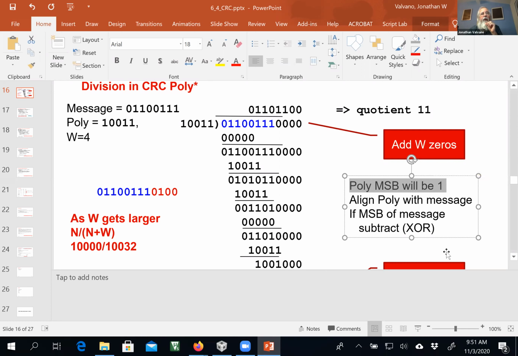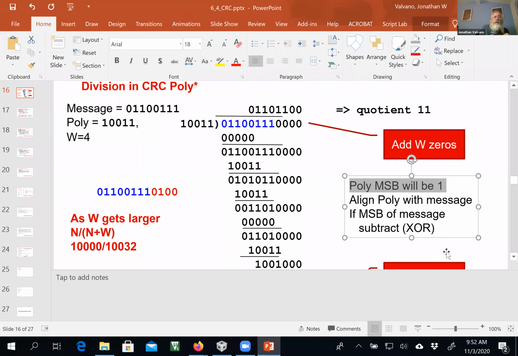The polynomial is going to be defined such that its most significant bit is a 1. We're going to adjust the W such that the coefficient of that largest term is 1.